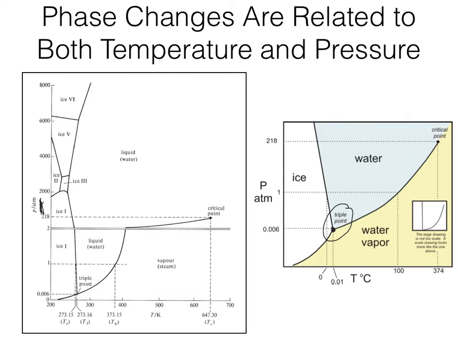There's also a critical point in most things, and above the critical point in either direction, either pressure or temperature, are what's called a supercritical fluid. Supercritical fluids have much different properties than gases, liquids, or solids.